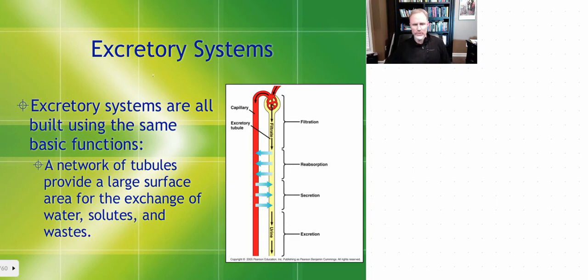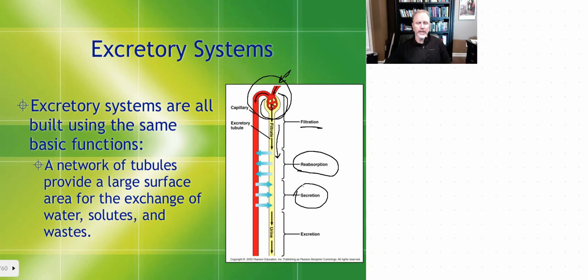Okay, you've got some sort of a capillary blood system, bringing the blood in to be filtered. You're going to form this filtrate in some particular portion of this organ, and now this filtrate here is going to move down one of the tubes. You're going to selectively reabsorb some of the good stuff along the way, as much as possible.